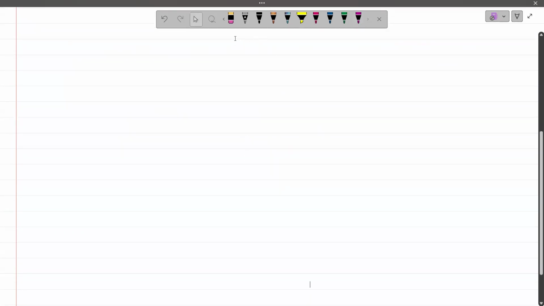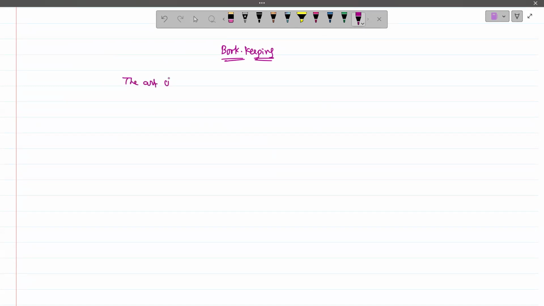Next, coming to bookkeeping. Bookkeeping is nothing but the art of recording the transactions and events in a systematic manner.